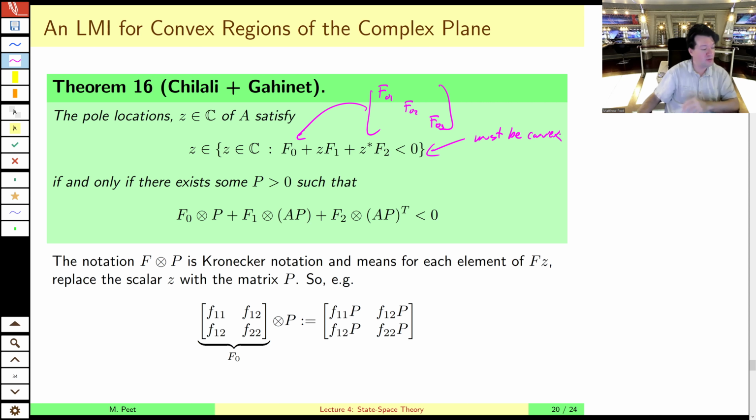But if you're willing to run with that, this convex constraint on the eigenvalues of A can now be translated to an LMI on the matrix A. So an LMI on the eigenvalues of A can be converted to an LMI on the matrix A itself. Right. So how does that work?